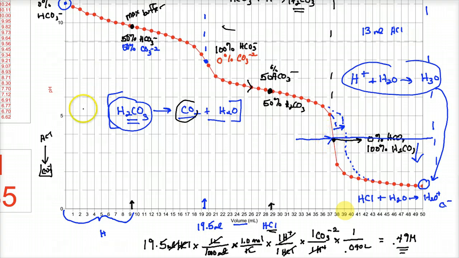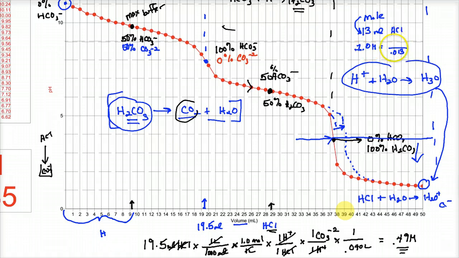Everything has been titrated and neutralized at this position, so you don't have anything but extra protons. So figure out the moles from 13 milliliters, just like in our other titrations. You know that's a 1.0 molar solution, and 13 mils is 0.013 liters.